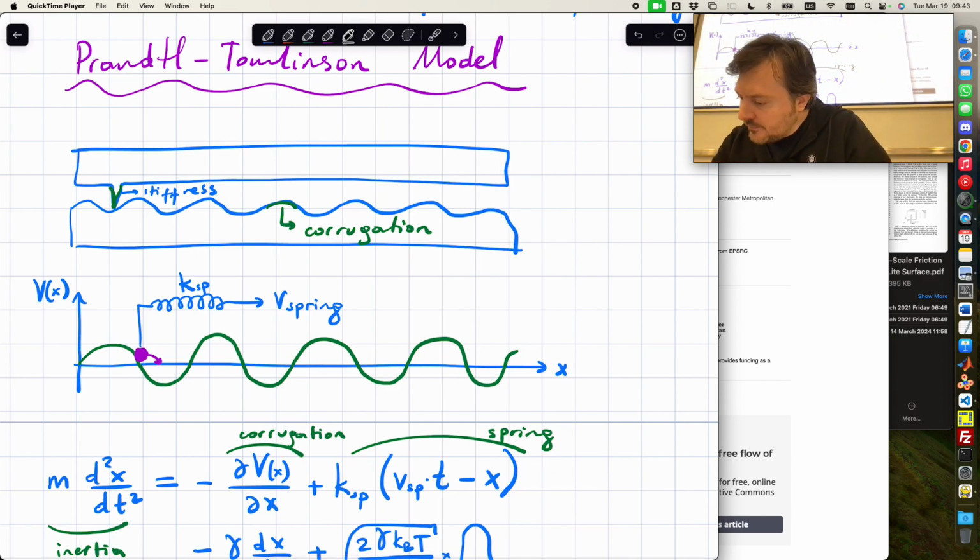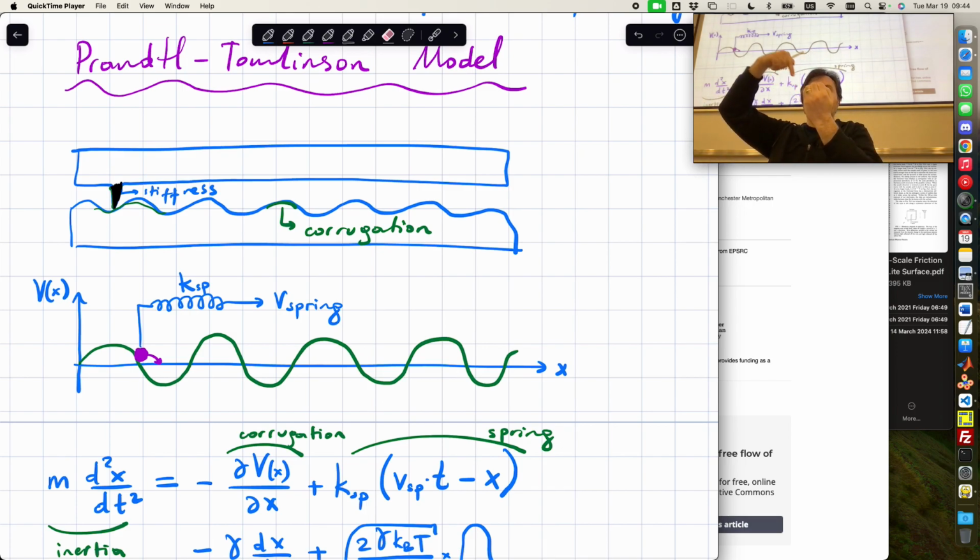If this protrusion is super stiff, like made out of metal or something, and the thing underneath is very smooth, like cotton or something, the strong spring will not get stuck. It will just go over it without even caring what's happening. So that's the superlubric regime.